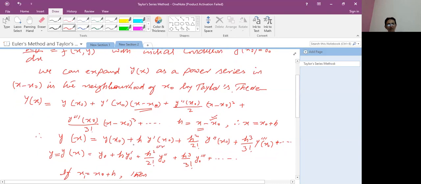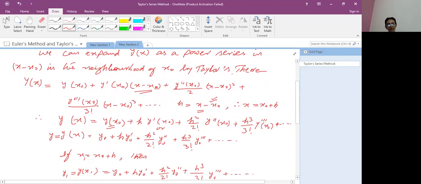Or if you write it at x naught, y naught only, because we already know that y at x naught is y naught, the value of y at the origin, the formula should be in this form: y of x is equal to y naught plus h times y naught prime plus h square upon 2 factorial y naught double prime plus h cube over 3 factorial y naught triple prime.